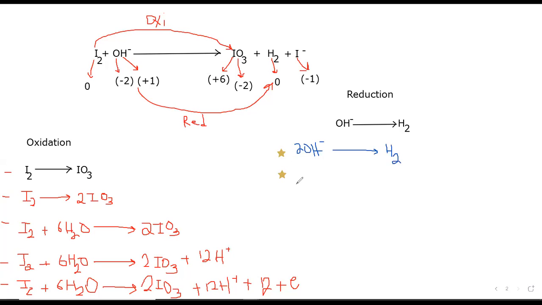Okay, so the next thing I'm going to do is balance the oxygen. So there are 2 oxygens here, so meaning they're going to have 2 molecules of water on the other end.